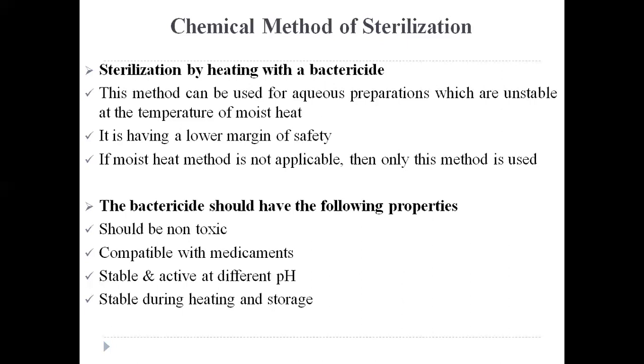That means those aqueous preparations are unstable, or they will undergo slight degradation or decomposition under moist heat temperature, which is around 115 to 116 degrees centigrade, the least one. So those aqueous preparations can be sterilized by using this technique, sterilization by heating with a bactericide.